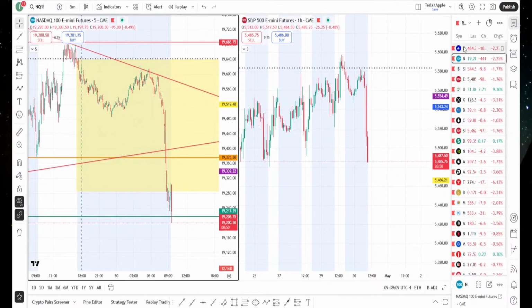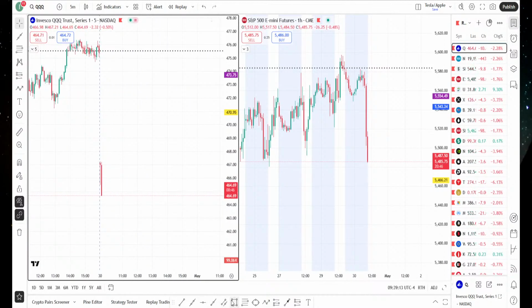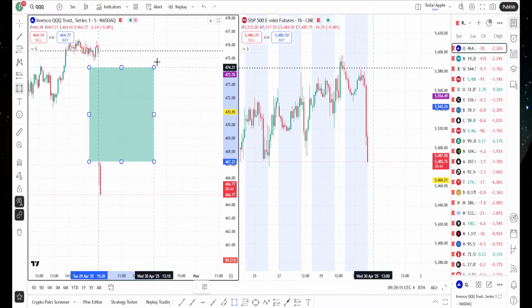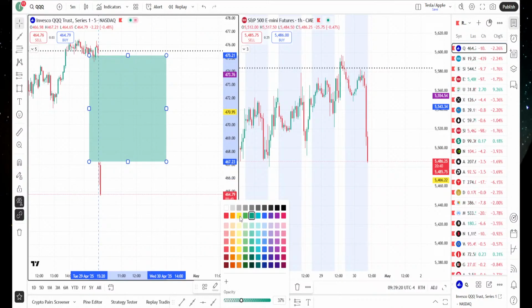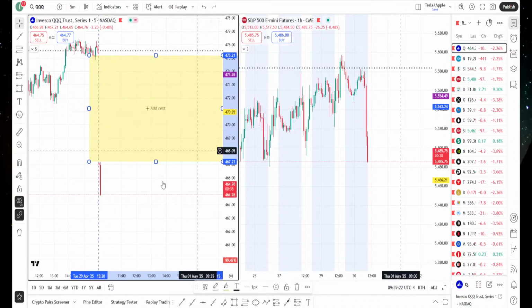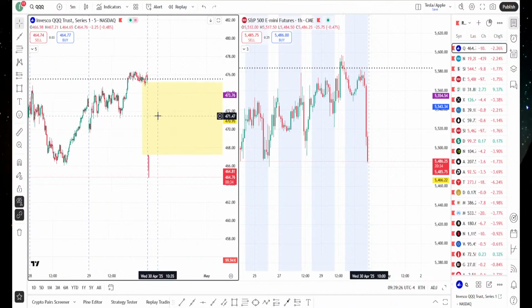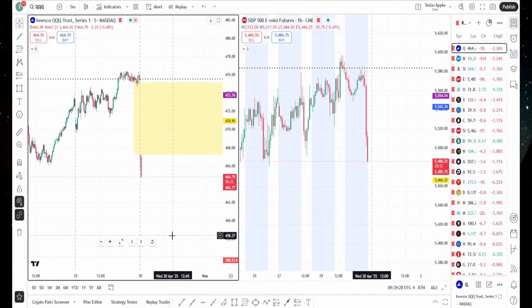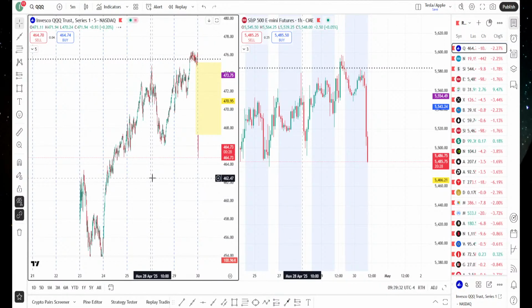I'll show you over here on the Q. In the Qs, we have this huge gap right here. If you're looking at QQQ, you'll notice that same thing, huge gap. There's support.